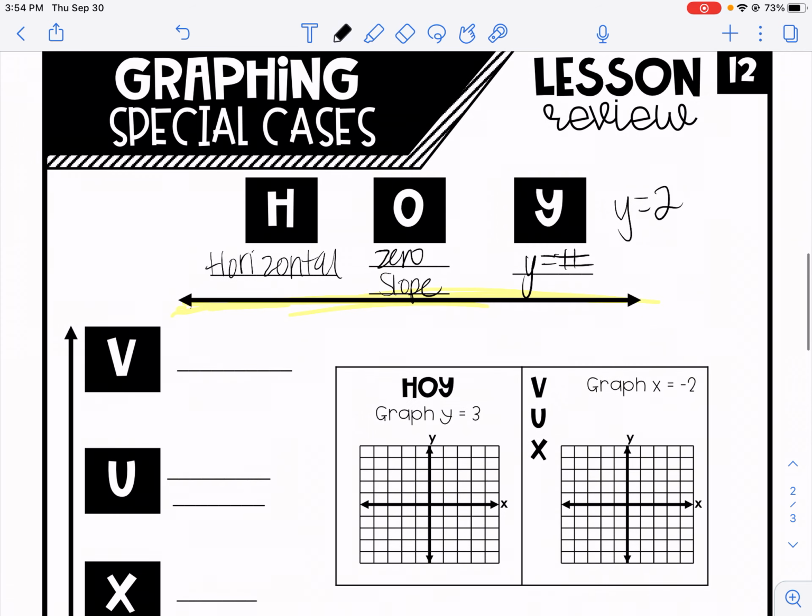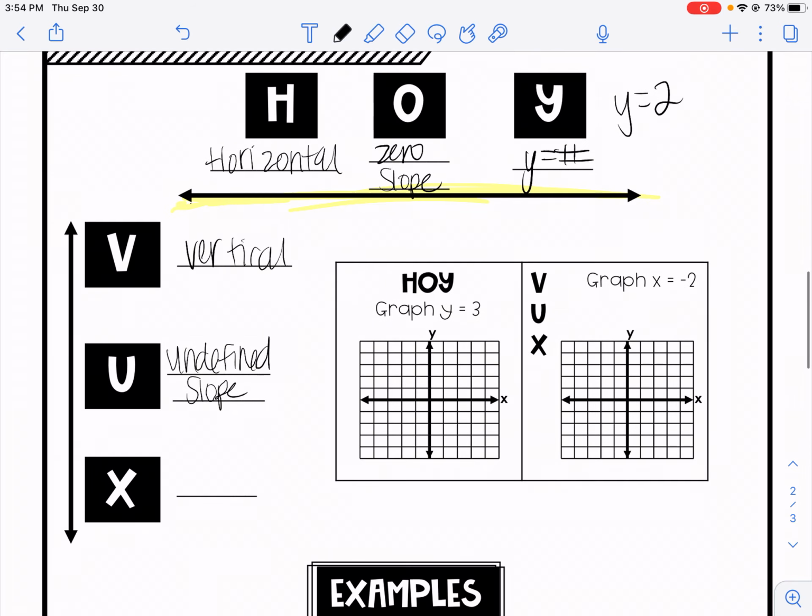Okay. VUX is a vertical line, an undefined slope, and your equation is going to look like x equals a number. So you might have x equals 3.